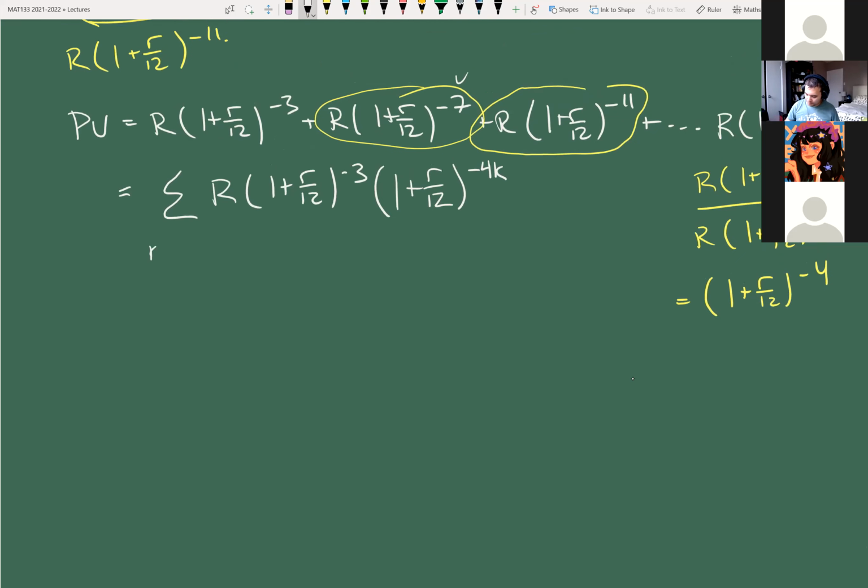Okay, and the first value of k is what? 0, very good. And the last value of k is what? 10, beautiful, perfect. Okay, everyone's okay? And then you go and you plug this into the equation, all right? For the present value of an annuity, or like the formula for a finite geometric series.